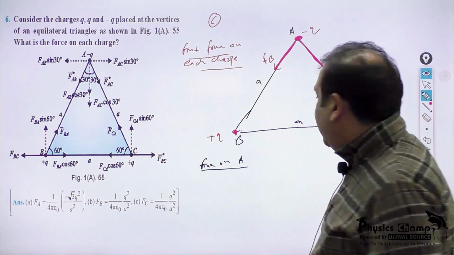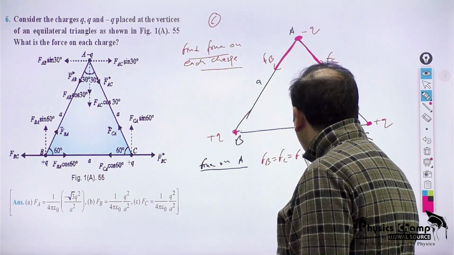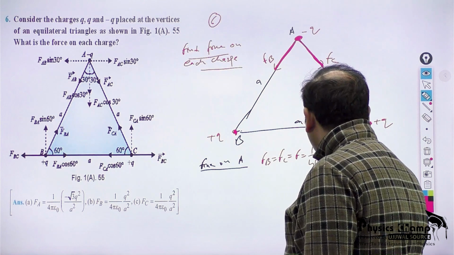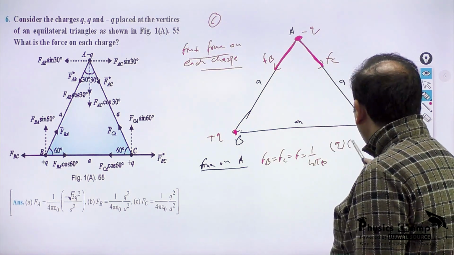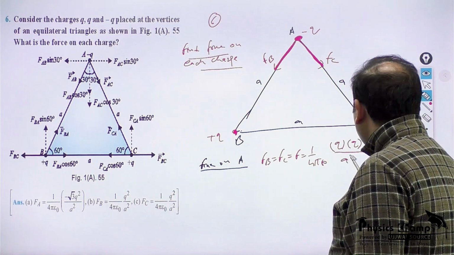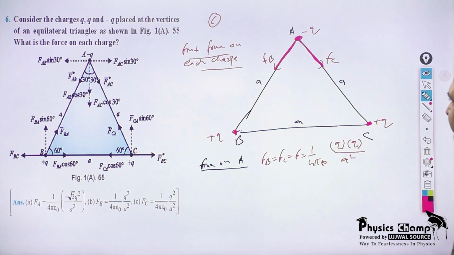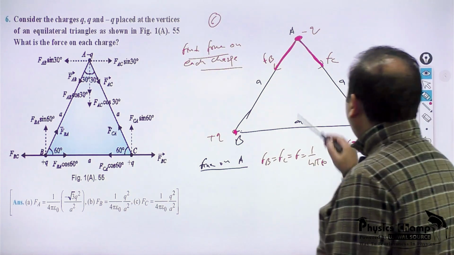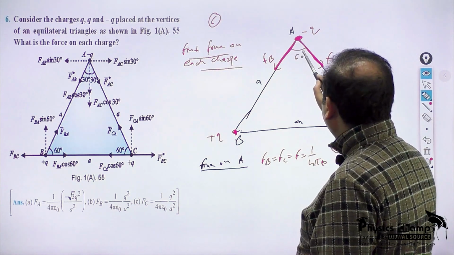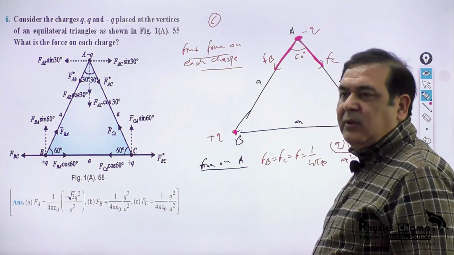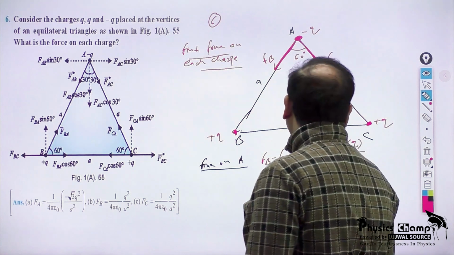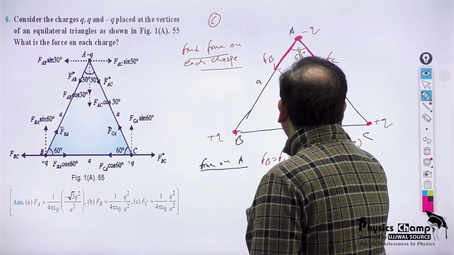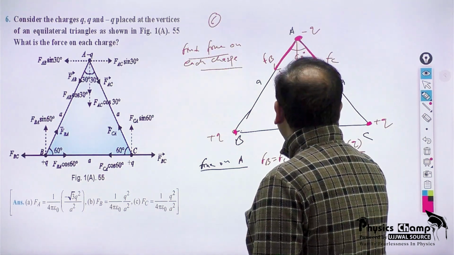Although FB and FC will have the same value, we can call it F, which is 1 by 4 pi epsilon naught, or constant, into Q divided by a square. But how to find net force on A? One way I can do it, this is an angle 60 degree. So I can say it is about two forces, and I know the net force will be somewhere here, FA.